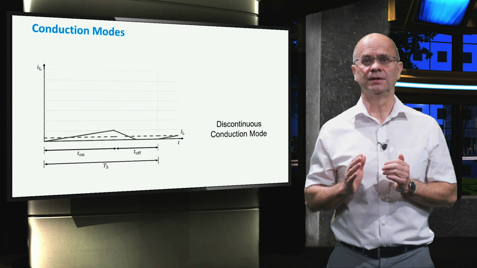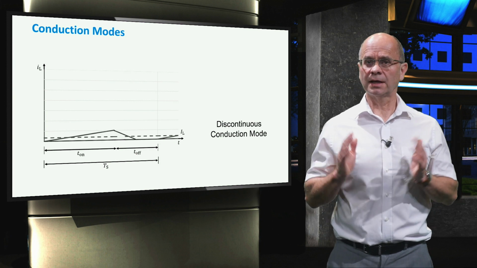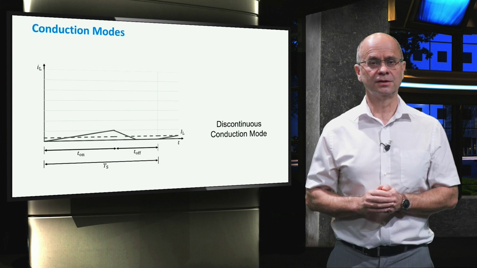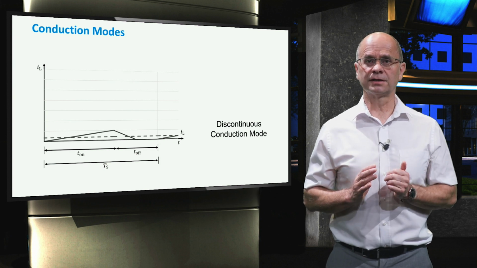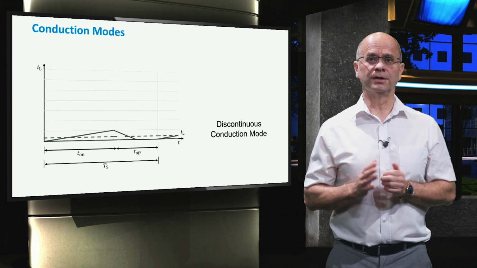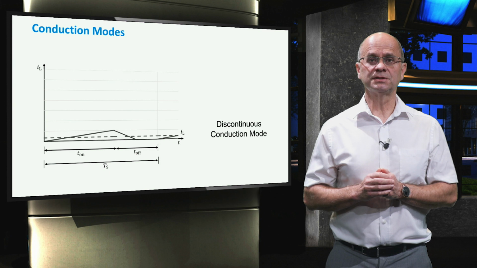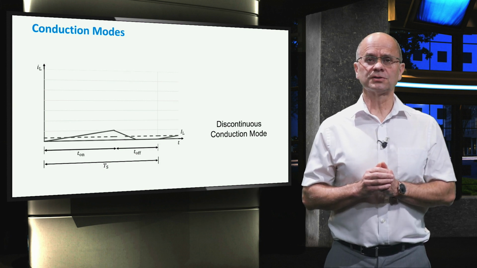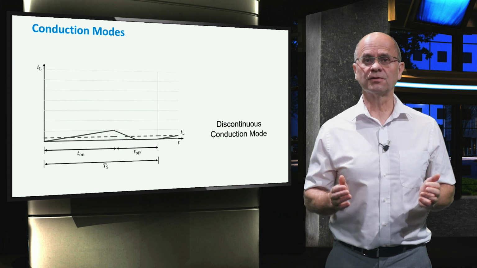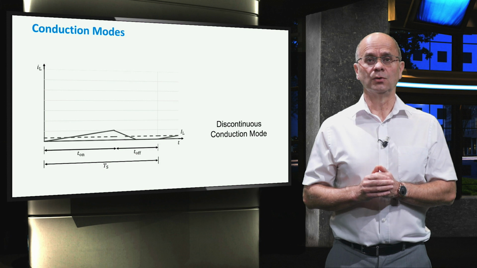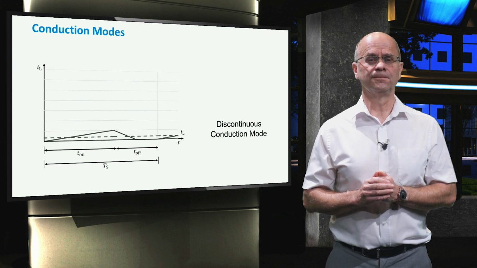However, in this circuit, the inductor current cannot go negative due to the polarity of the switch and the diode. Consequently, the inductor current stays zero for an interval during the period. This is the discontinuous conduction mode. Discontinuous conduction mode requires a different set of equations for the voltage and current, and we will discuss it in a later video.